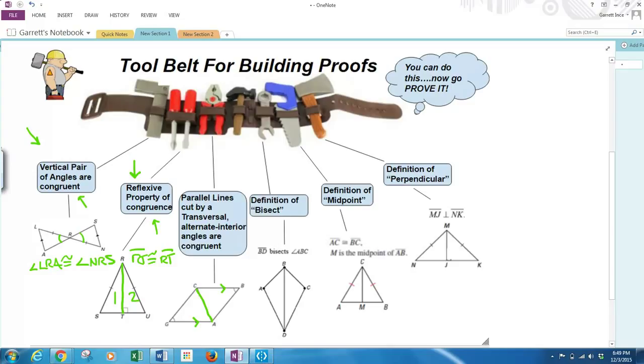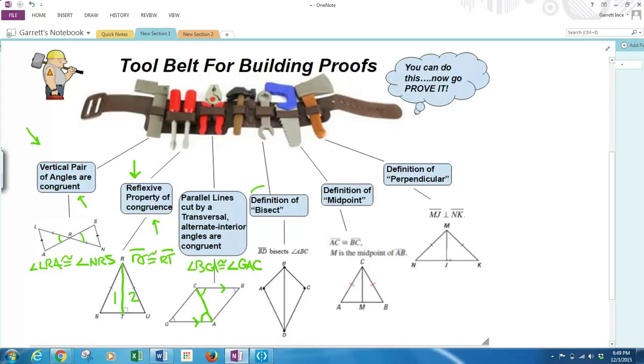In this case, alternate interior angles are congruent, and those could be found right here and right here. So in this example, I would be allowed to add that angle BCA is congruent to angle GAC. And my reasoning would be that with parallel lines that are cut by a transversal, alternate interior angles are congruent.